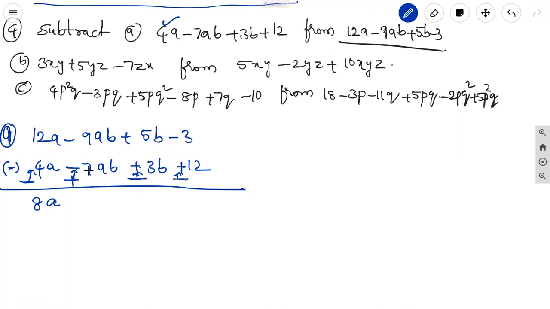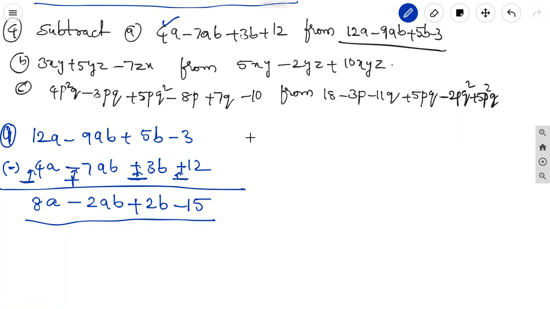Minus 9 plus 7, minus 2ab. Plus 5 minus 3 is plus 2b coefficient. Minus 3 minus 12, it's minus 15. That is, when you are subtracting from one expression to another, the sign should be changed. Plus becomes minus, minus becomes plus.